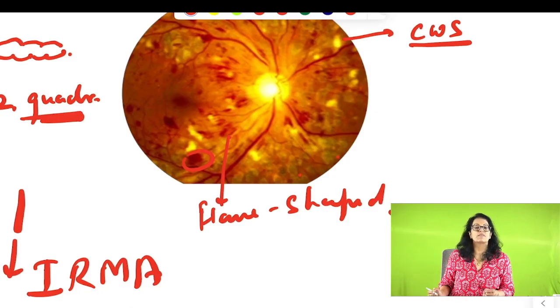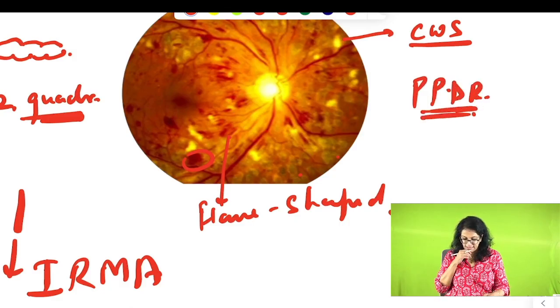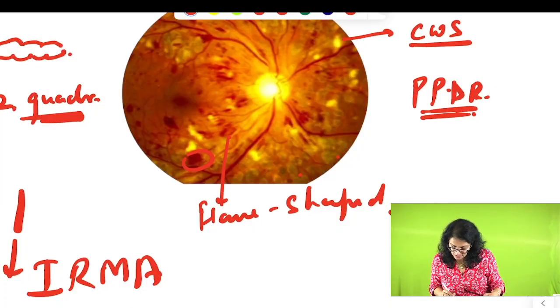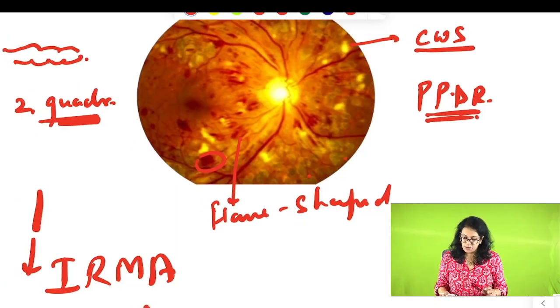So what is this? This is mainly pre-proliferative. Okay. So this is a pre-proliferative diabetic retinopathy. But yes, what is important to understand here is that more number of cotton wool spots, looping and beading, IRMA, everything goes towards pre-proliferative.